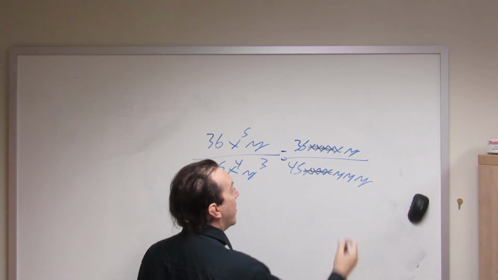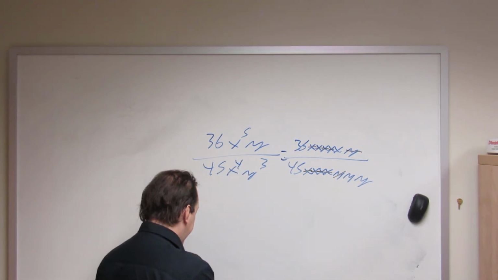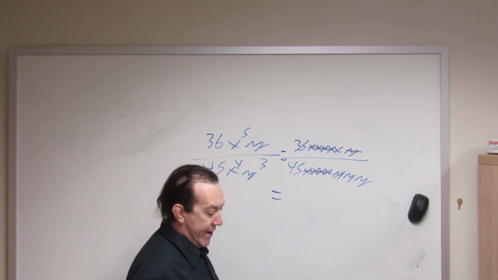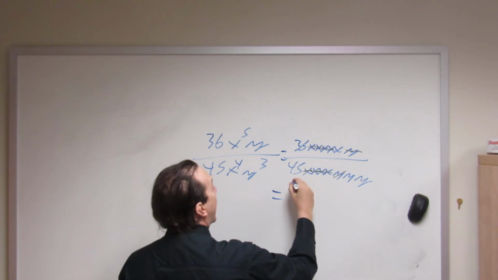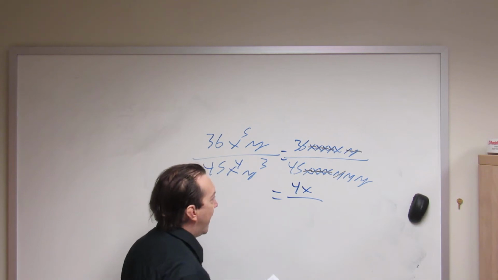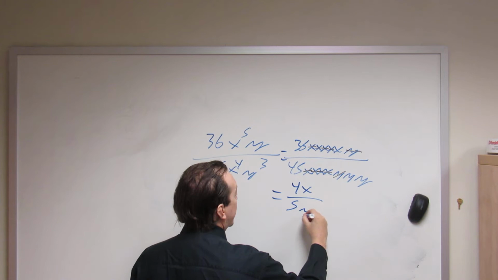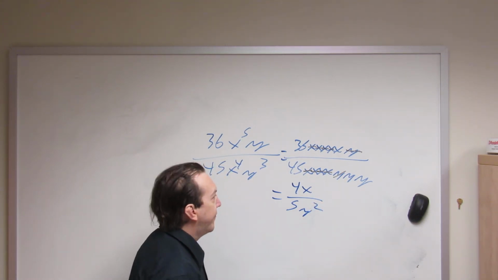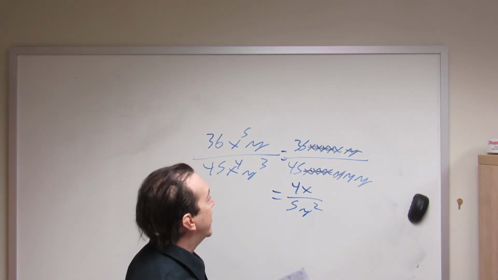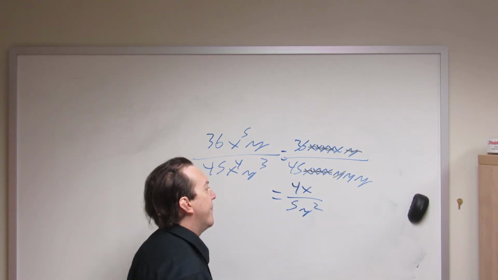No more x's on the bottom, so our y's, we only have 1 on top. 36 and 45, we can divide both of those by 9. 36 divided by 9 is 4, and we have just 1 x left. Then we have 45 divided by 9 is 5, and we have 2 y's, so it's y squared. That's the easy way to do it. There's the proper way to do it where you do subtractions, but if you don't remember it, just do it this simple way.